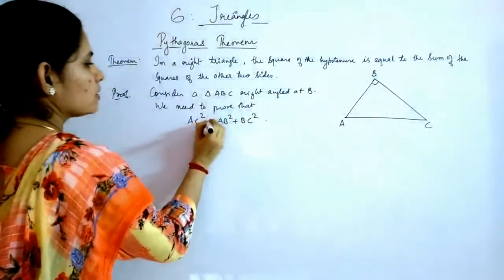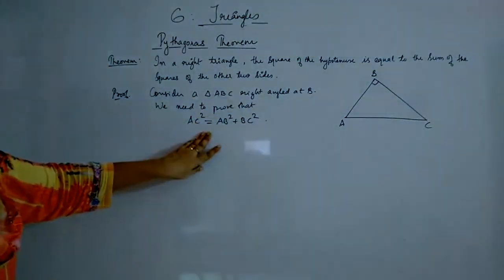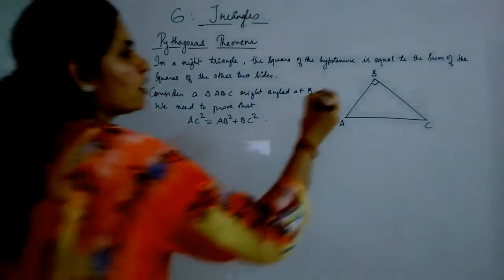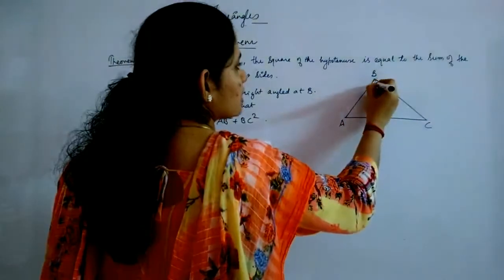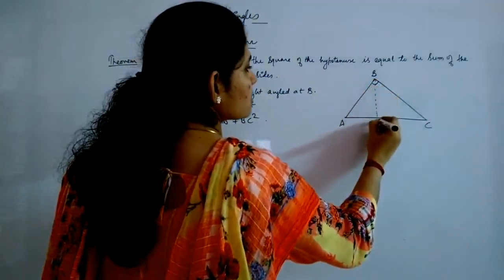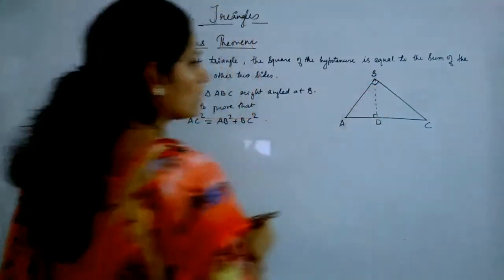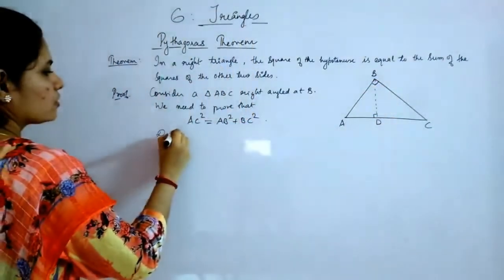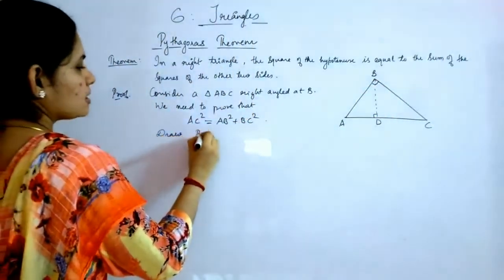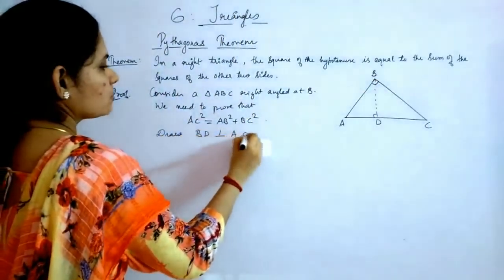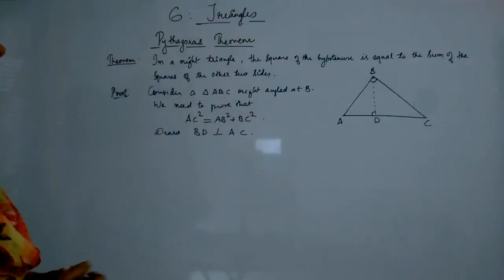So this is our need. Now for this, we are starting with drawing a perpendicular BD to the hypotenuse AC. So draw BD perpendicular to the hypotenuse AC.